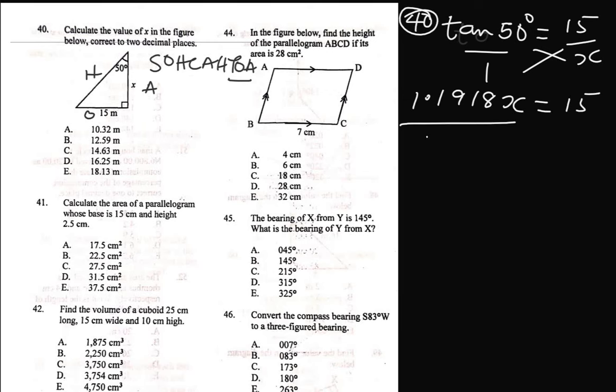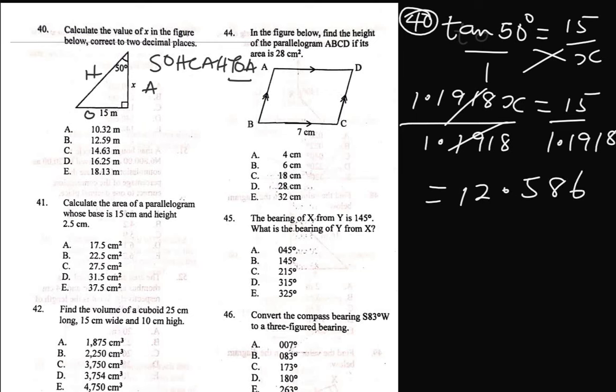To get the value of x, divide both sides by 1.1918. This cancels this. 15 divided by 1.1918 will give us about 12.586. So the right answer, to 2 decimal places, will be 12.59 meters. The right answer is there. That's B.